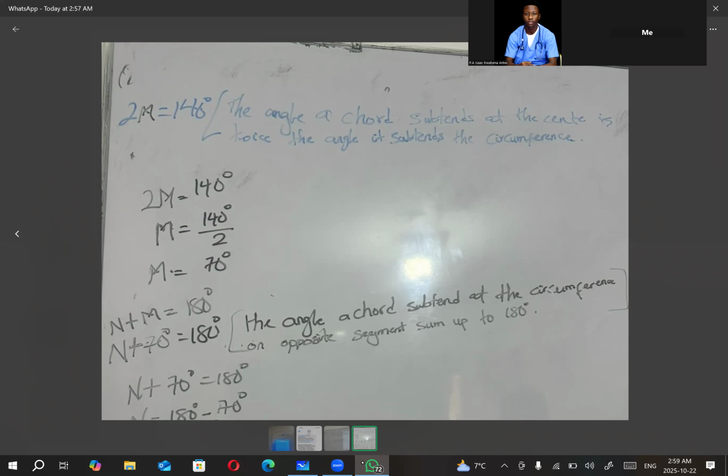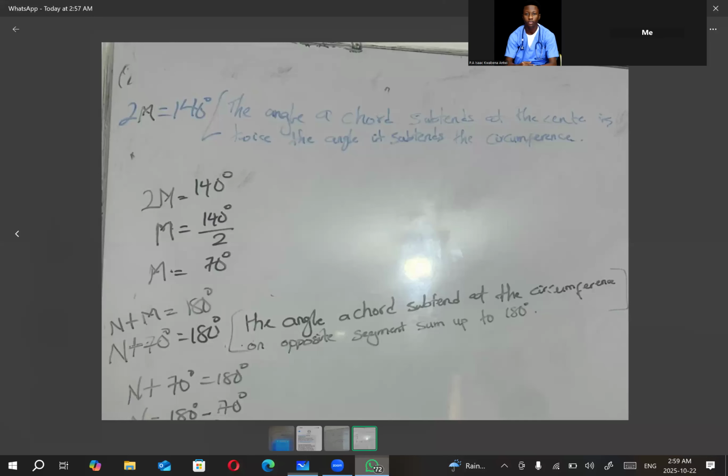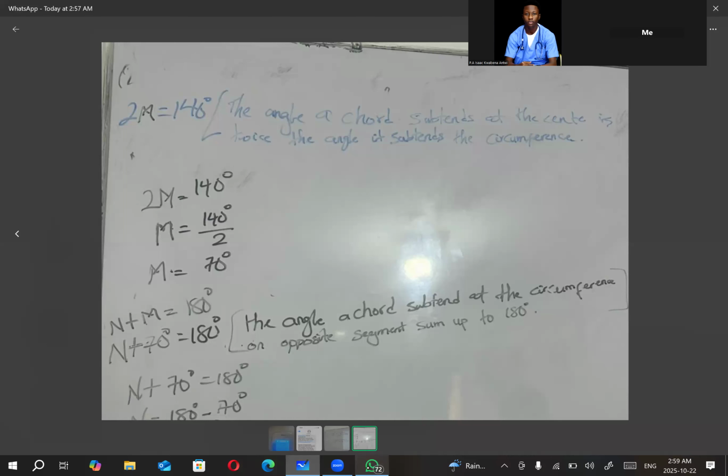The property reads: the angle a chord subtends at the center equals twice the angle it makes at the circumference. So 140 degrees equals 2m. But you did it the other way around.